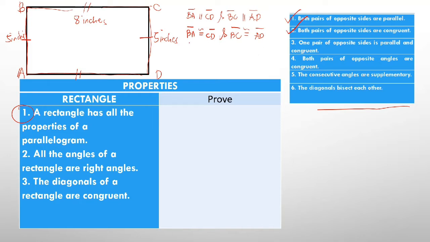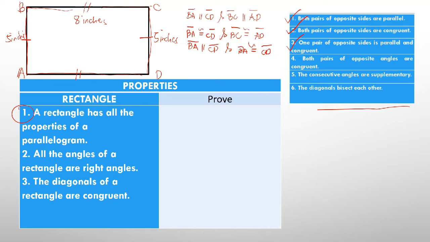So line BA is parallel to line CD, and line BA is congruent to line CD. So one pair, which is BA and CD, the opposite sides, is parallel and also congruent. So now, let's proceed with the fourth property of parallelogram that we will see in the rectangle.